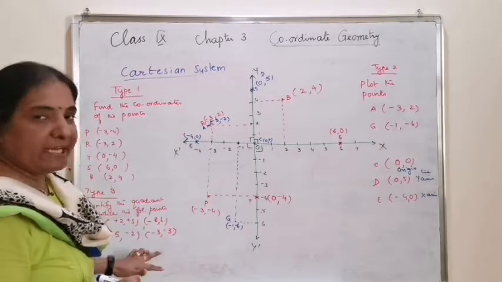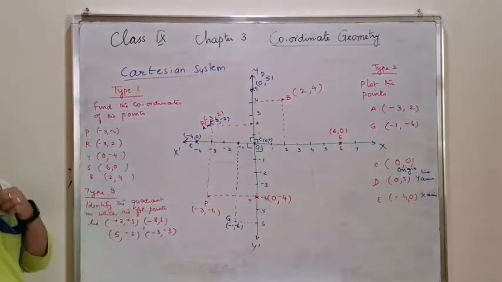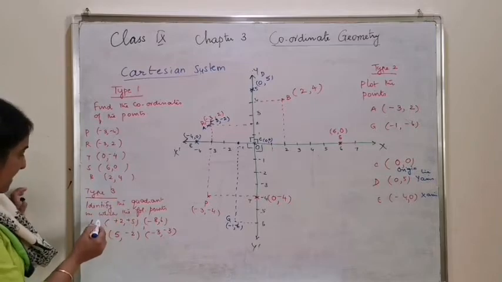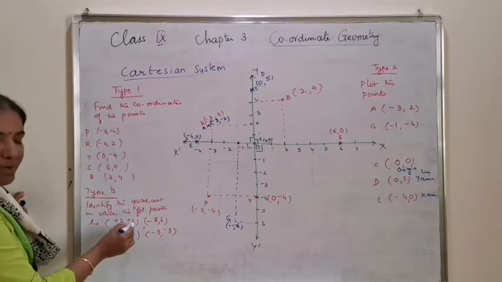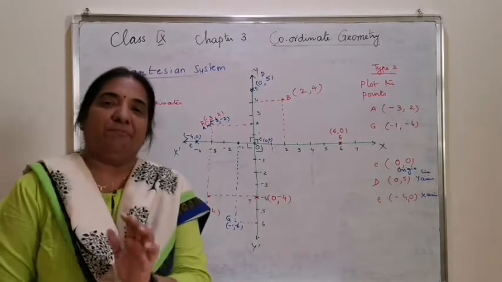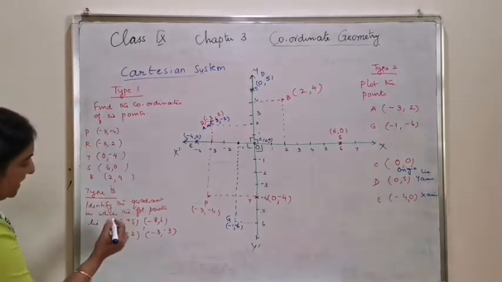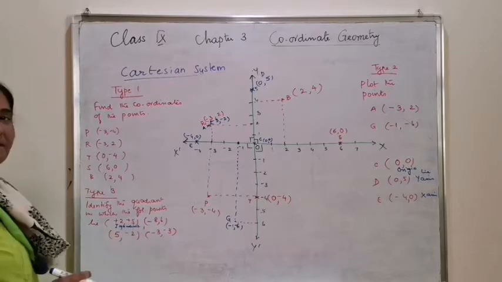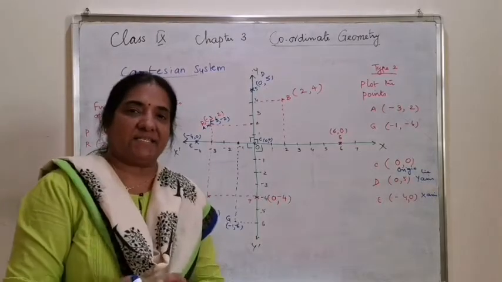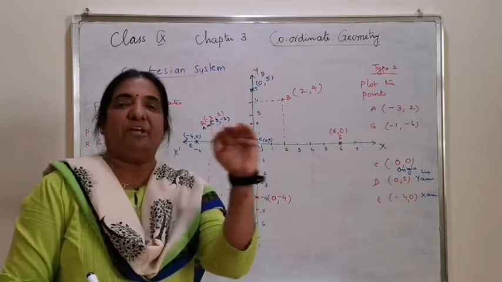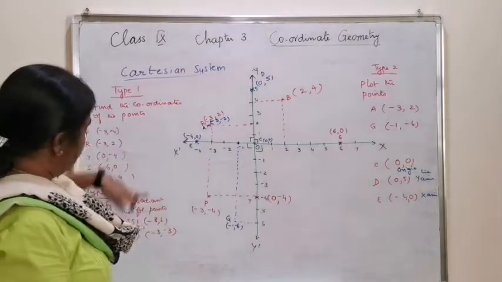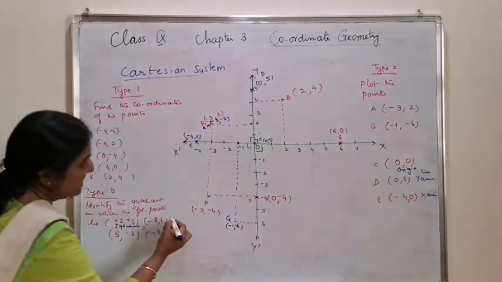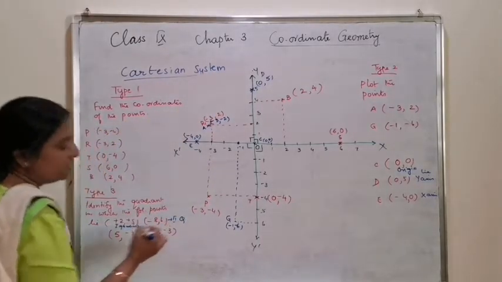And the third type of question is to identify the quadrant for the following points. Positive 2, positive 5: both numbers positive will be in the first quadrant. (-8, 6): the negative x number and the positive y coordinate mean it is in the second quadrant.